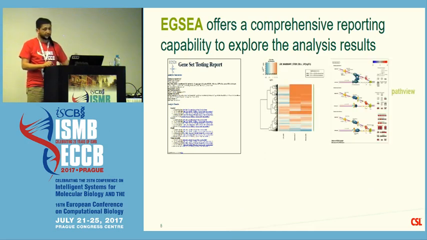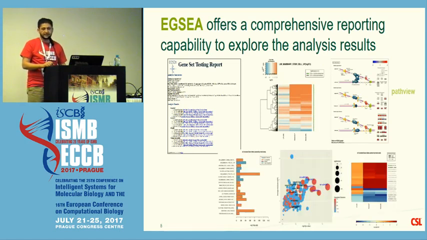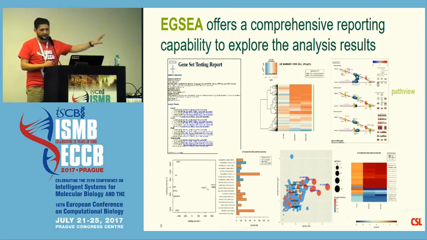We also generate heat maps and pathway maps using the PathView package from Bioconductor, as well as summary bubble plots and bar plots at the experimental level. So you get ready-to-use visualizations that you can copy and paste into your publications. And the most important part is the MDS plot, where you can see how the base methods perform and whether you have a consensus or not. In most cases, you will not get a consensus.